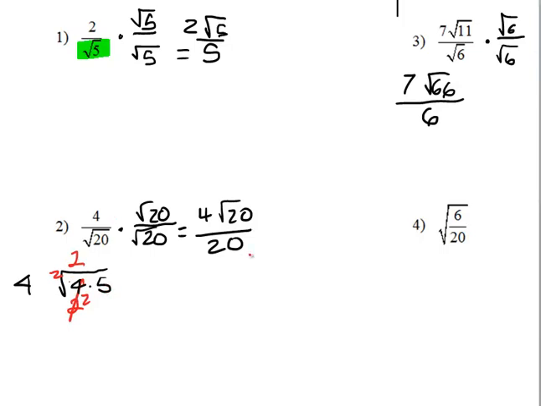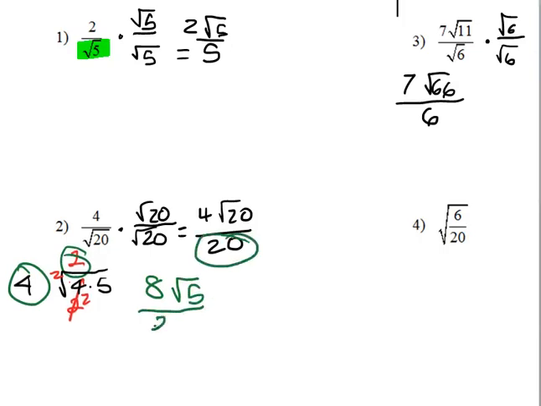And I can't take the square root of 5. It's a prime number. So now, in the next version, I'll have 2 times 4, so that's 8, times the square root of 5, all over 20. I can reduce this further by saying 8 and 20 are both multiples of 2, so this is 4 times the square root of 5 over 10.